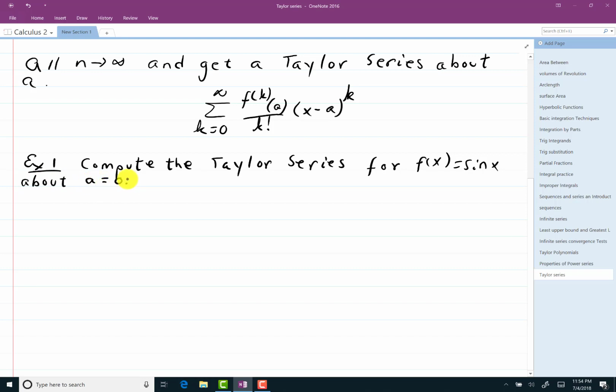So really, this is a Maclaurin series. But what do we do? First of all, the function itself, we evaluate it at a. f of 0 is sine of 0, and we know that that is 0.